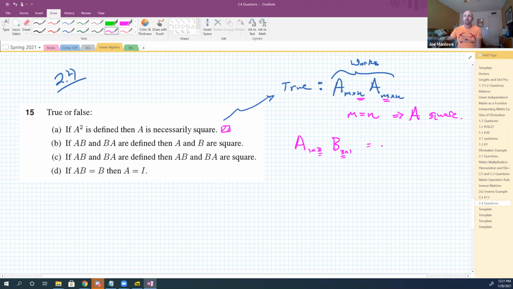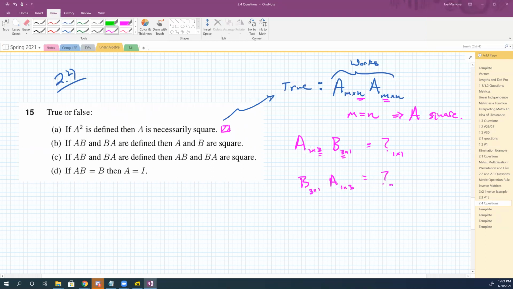And so we'd get something, but it's 1 by 1, right? And if we did it the other way, we'd get something. And how big is that something? It's 3 by 3. So Karen is not always right.